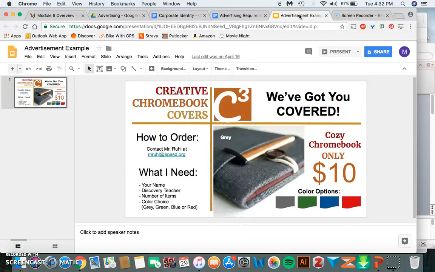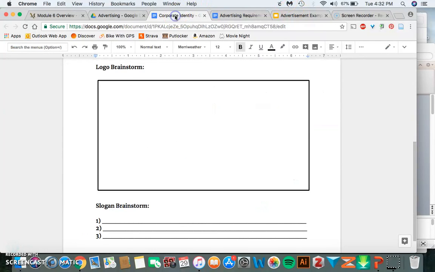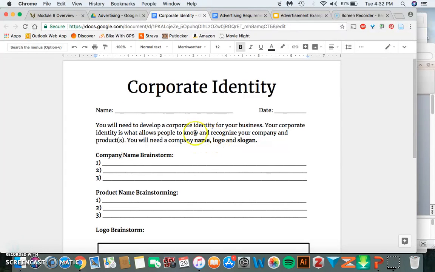The next section in the UDL would be representation. Some things that I think I cover in these documents as well is offering ways of customizing or displaying the information since they are the ones putting together and designing their advertisement. I think that is something that is covered. To clarify vocabulary, since we're talking about the different components that they would need to include, such as their company name, logo, as well as slogan.